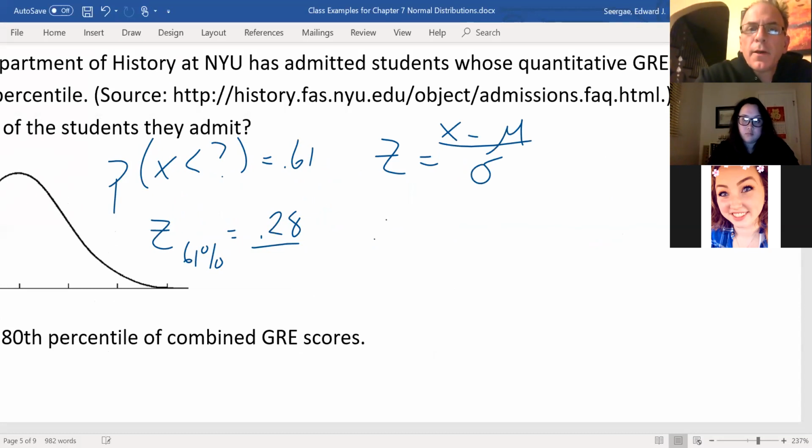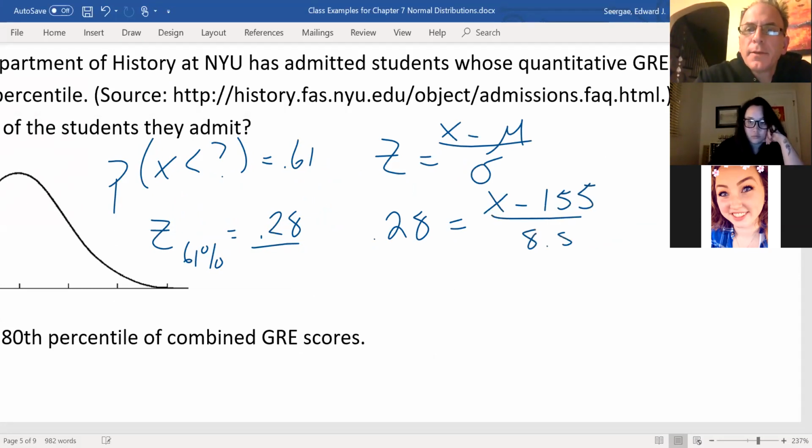Now we know our z value is 0.28. We don't know what x is, but we know the mean is 155, and my standard deviation is 8.8. So we're simply going to work backwards, use a little bit of algebra, and solve for x to find out what x needs to be.